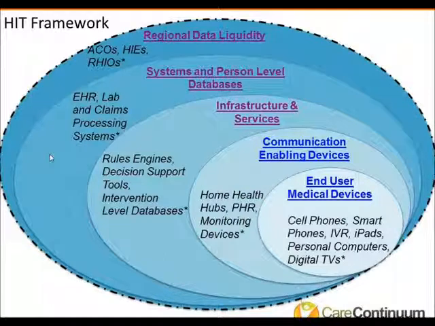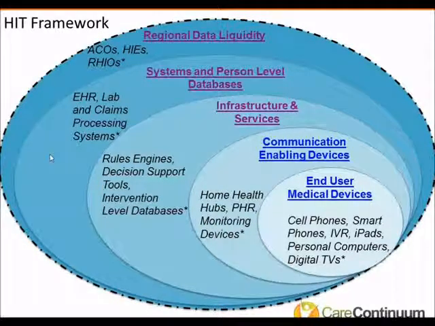This regional, what we're calling regional data liquidity, really circles the entire framework and refers to regional data hubs that are envisioned to compile and distribute data for an entire population that exists within a specific geographic region. We're envisioning that this data can be collected from a variety of health delivery sources, including hospitals and providers, as well as non-traditional sources such as community centers and public health agencies.